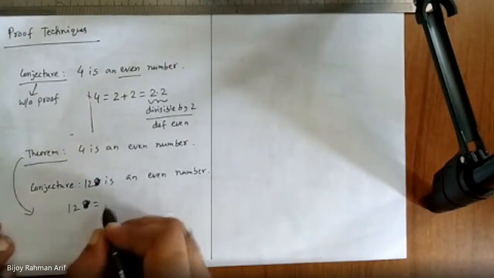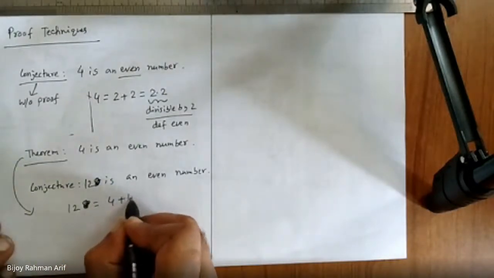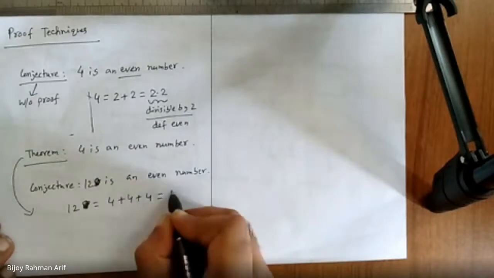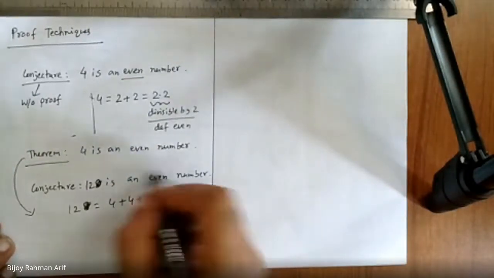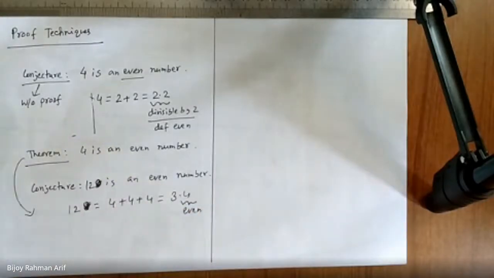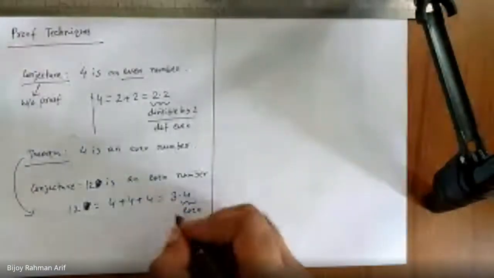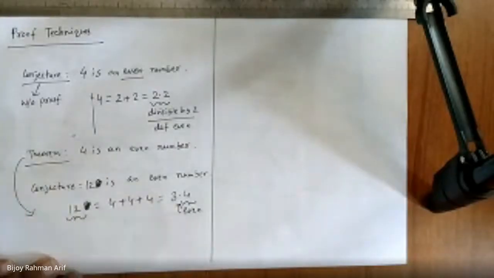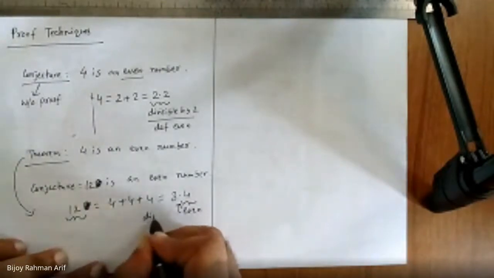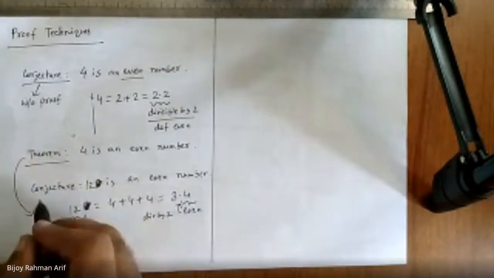So 12 can be written as 4 plus 4 plus 4, which is nothing but 3 into 4. We know that 4 is even, so definitely the whole thing is even. Am I right or not? Yes, sir. It is divisible by 2, so the whole thing is divisible by 2. So it is even. Now it also becomes a theorem.